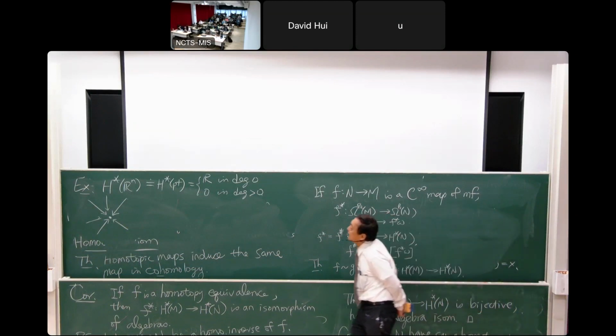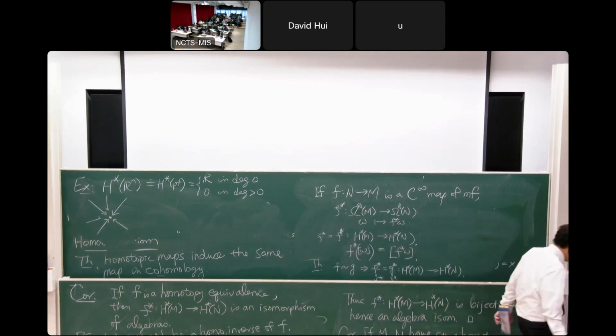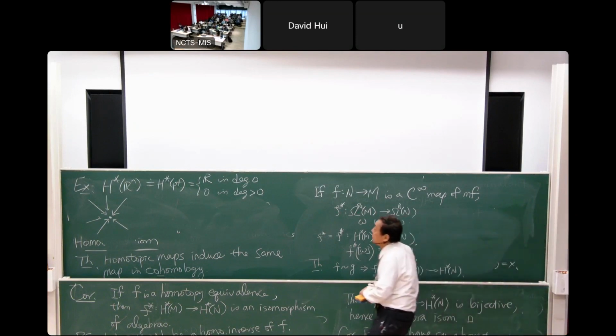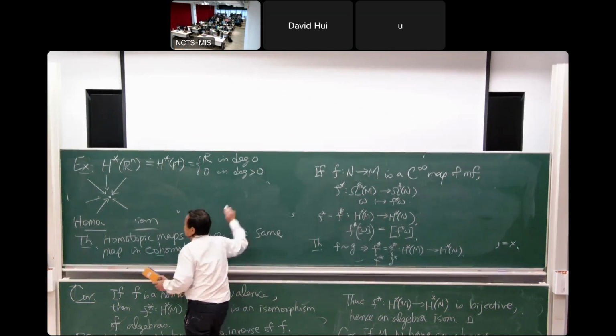Okay, so yeah, we have the cohomology of Rn, and what else do we have? Maybe that's good for now. How about the cohomology of a cylinder?